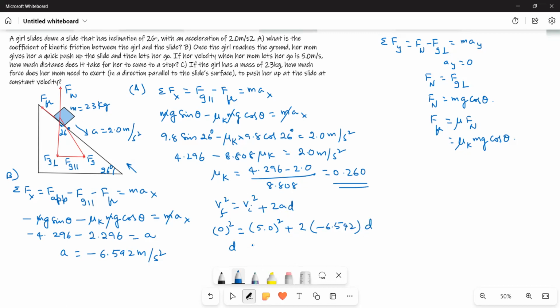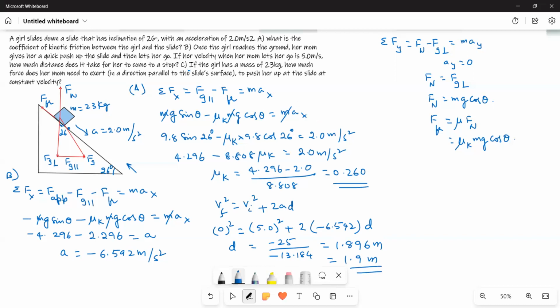Therefore, the distance is equal to negative 25 divided by negative 13.184. That is equal to 1.896 meters, or 1.9 meters. This is the distance she goes.